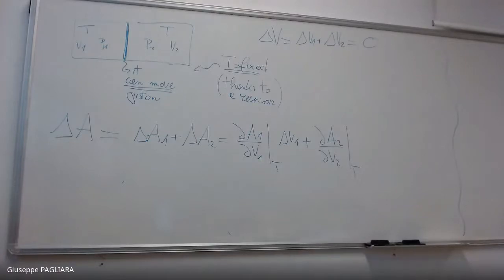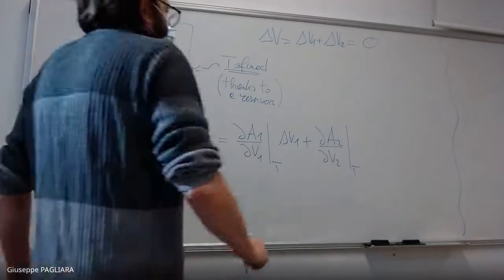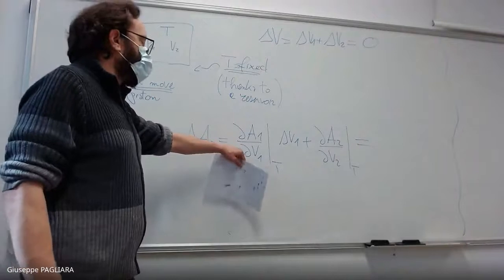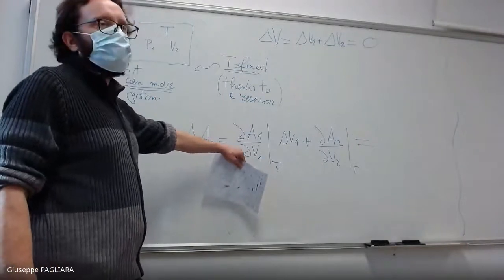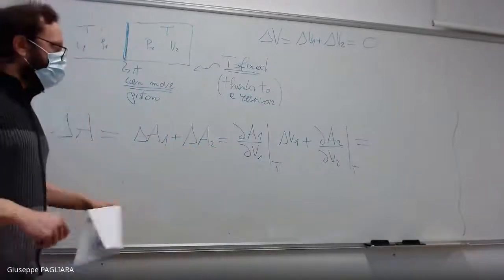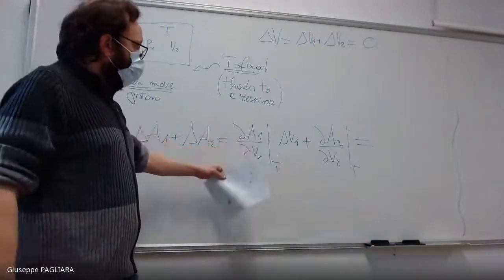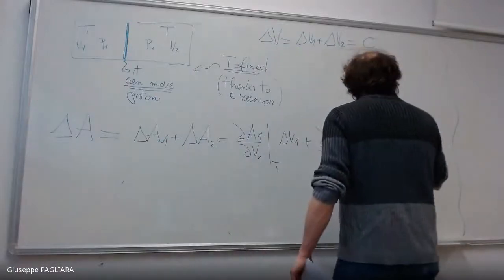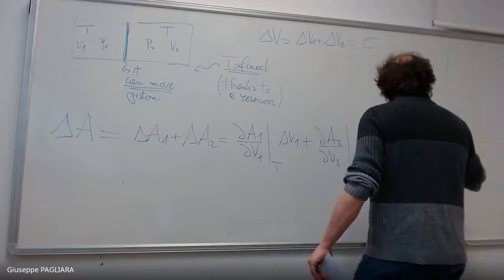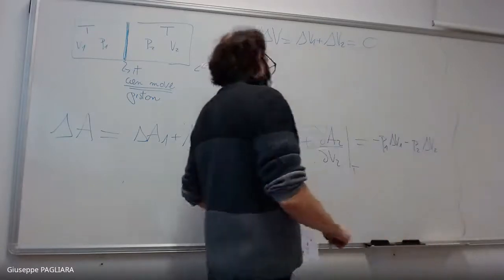Now remember that we wrote before the two Maxwell relations for the free energy that were telling me that these two partial derivatives were equal to minus the pressure. You just have it in your notes. So this is minus P1 times delta V1 minus P2 times delta V2.